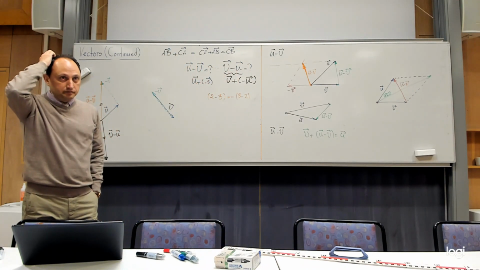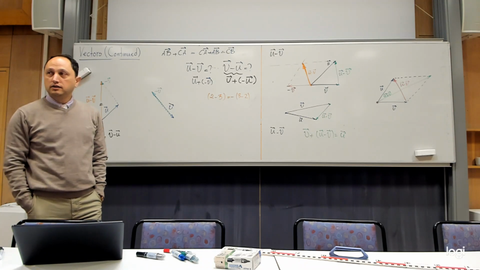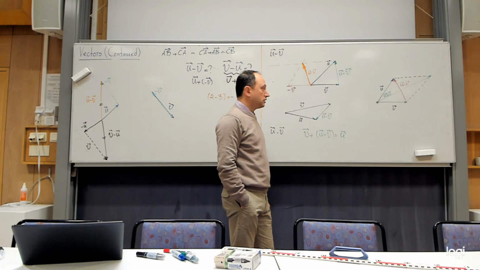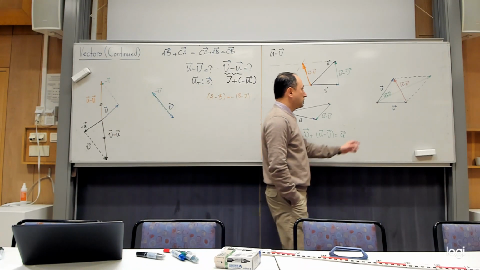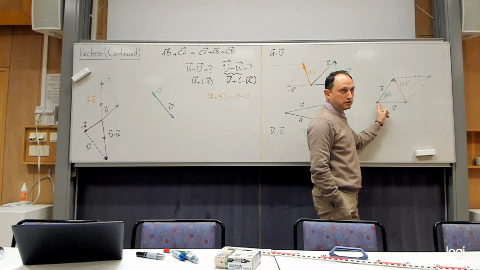Yes? Why is this the case? I just showed it here for you. I know, but let us repeat it again. I hope I could convince you that this is u plus v.